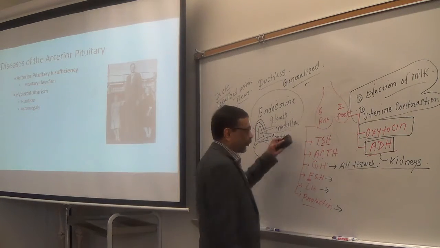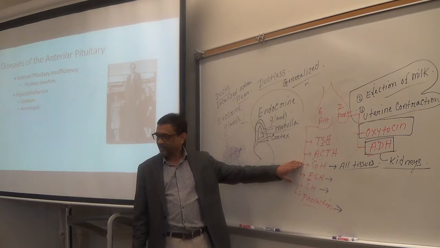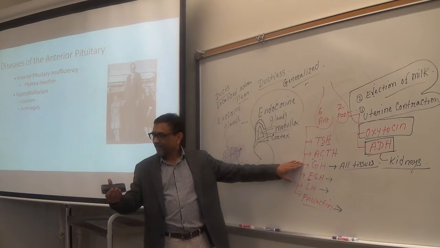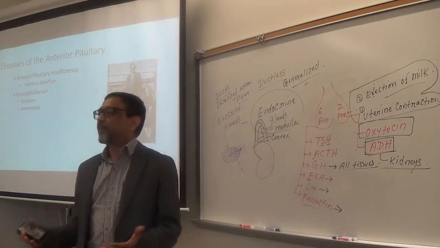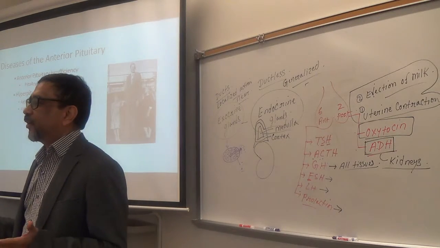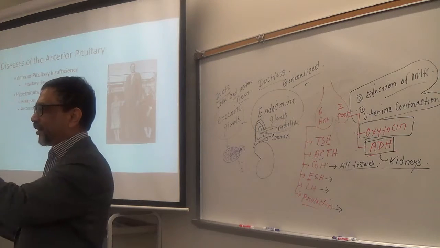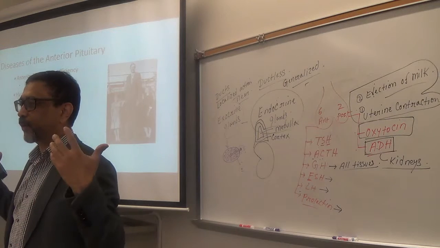What causes that? Which hormone? What do you think? Growth hormone, right? Excess or overproduction of growth hormone can do this. Now, for the normal growth of the body, you need what? Normal amount of growth hormone, right? We all need a normal amount of growth hormone for normal growth of the body.